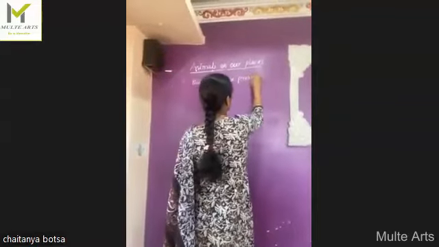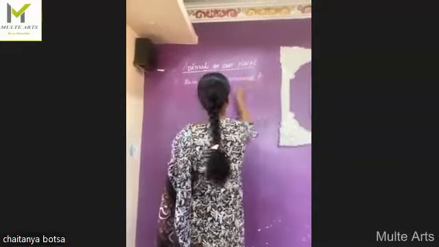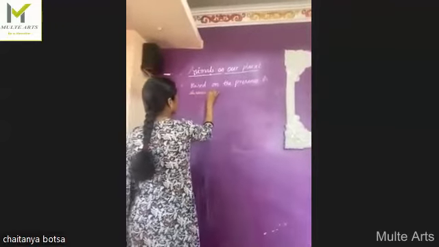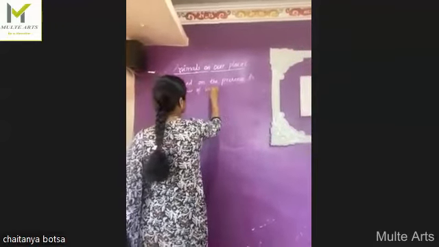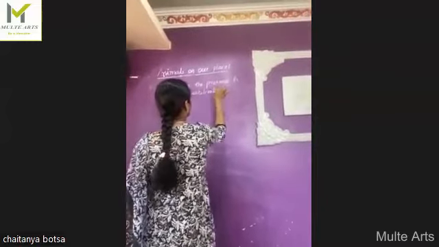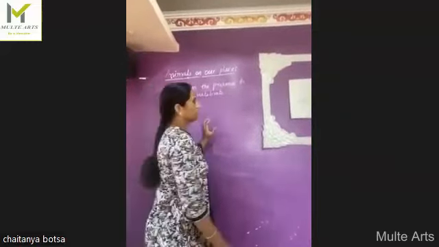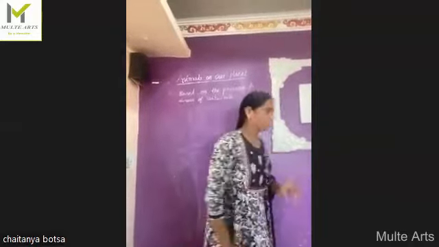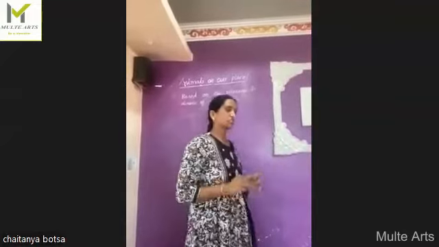Based on the presence or absence of vertebrae, we know that vertebrae is nothing but the backbone. We know how the backbone plays an important role in our life. It provides shape and structure to our body.